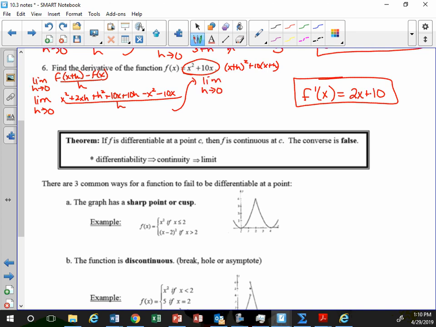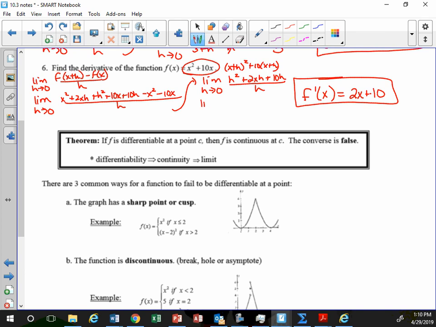Limit as h approaches 0. Your x squareds are gone. Your 10x's are gone. So all you're left with is h squared plus 2xh plus 10h over h. What can you factor out of that numerator?